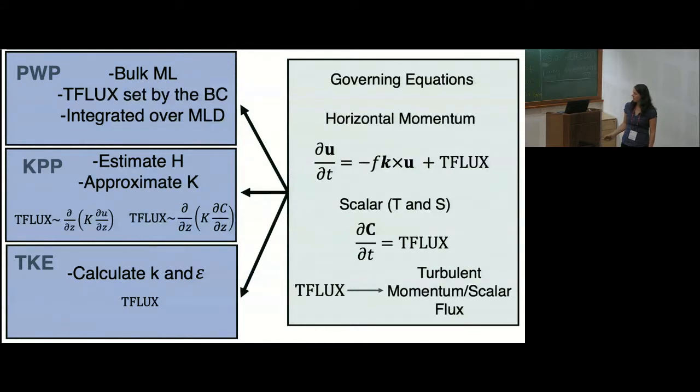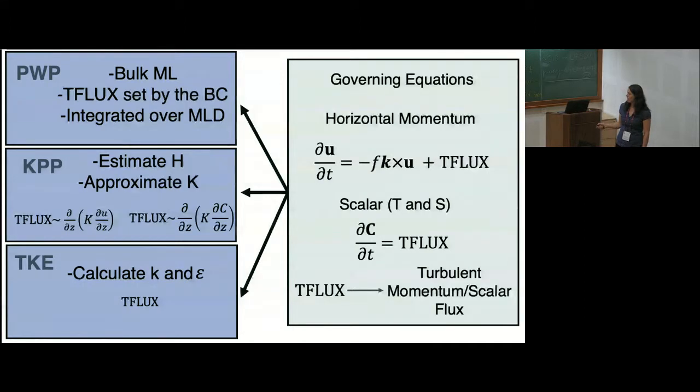This uses empirical formulas to estimate the depth of the boundary layer. And then also, what it really is doing is taking this T flux term and converting it to a form that uses eddy viscosity.